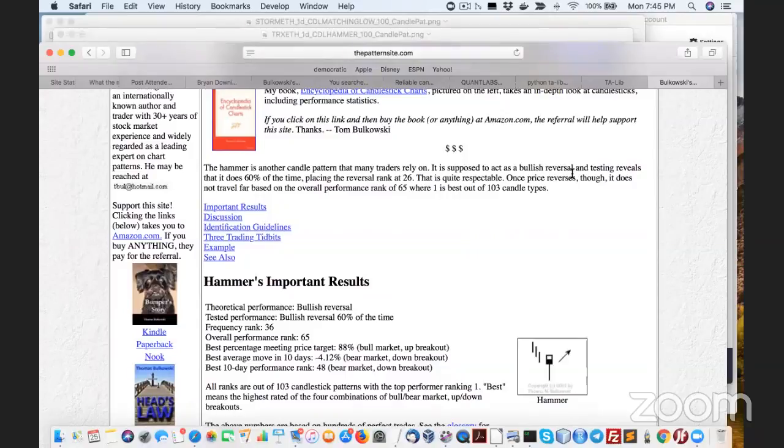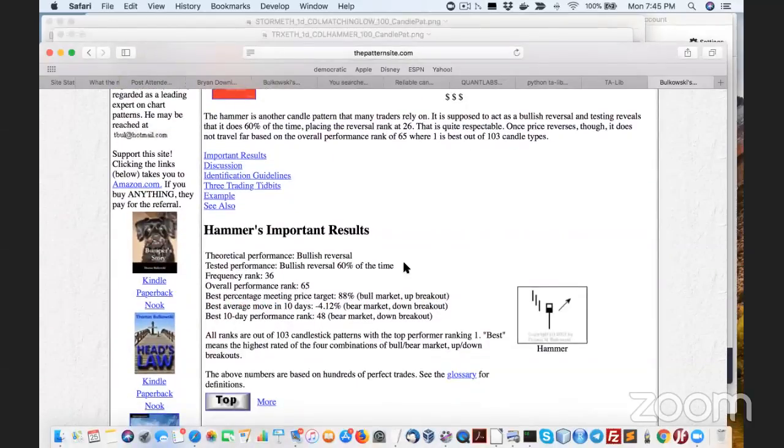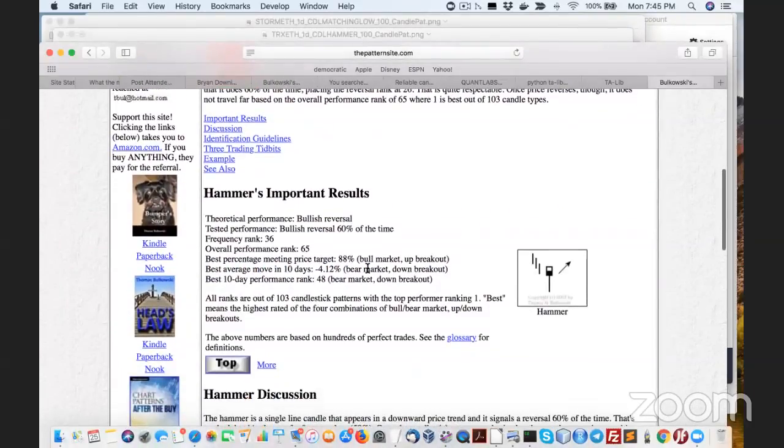So this is supposed to act as a bullish reversal, 60% of the time, placing reversal rank. Once a price reverses, though, it does not travel far based on overall performance. So it ranks at 65 out of 103, which is average, I guess. So the frequency is not very common.